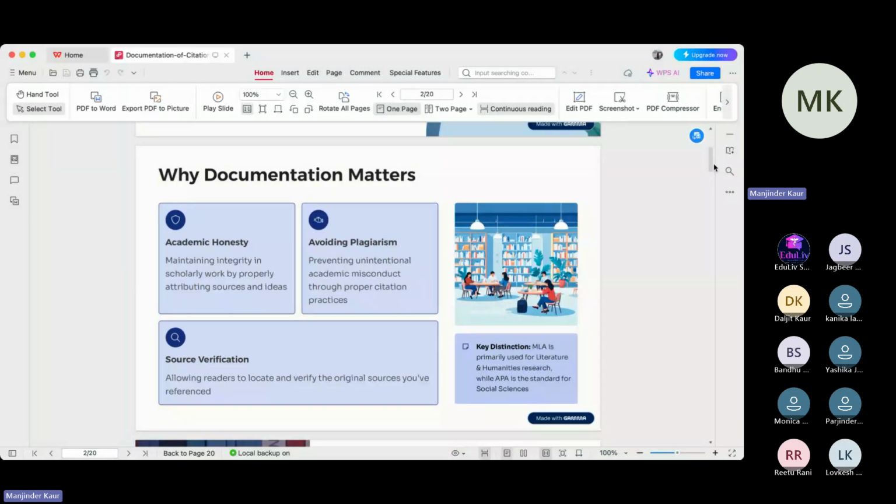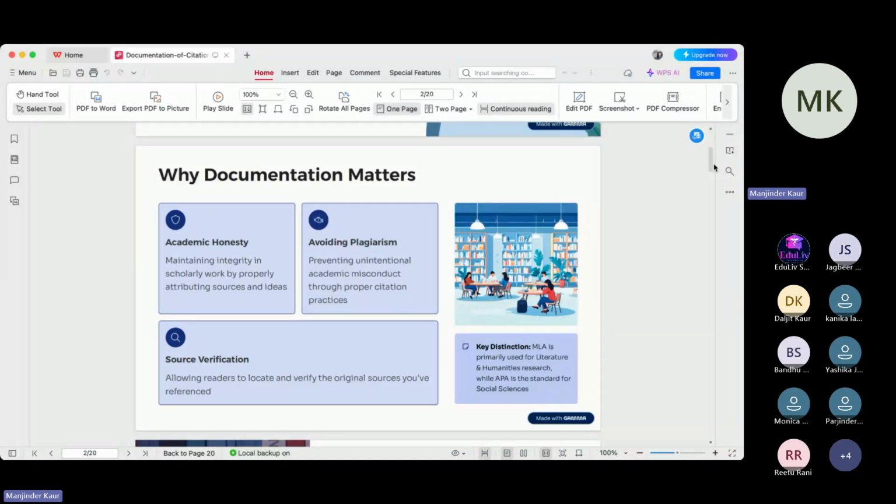So preventing unintentional academic misconduct through proper citation practices. We are citing the sources, we are naming the books, we are naming the writers from whose works we have taken certain excerpts or extracts, right?